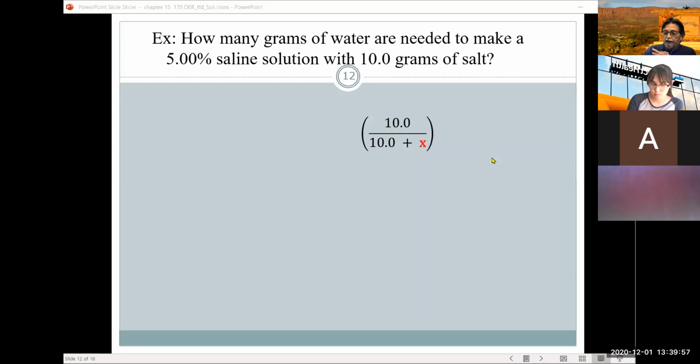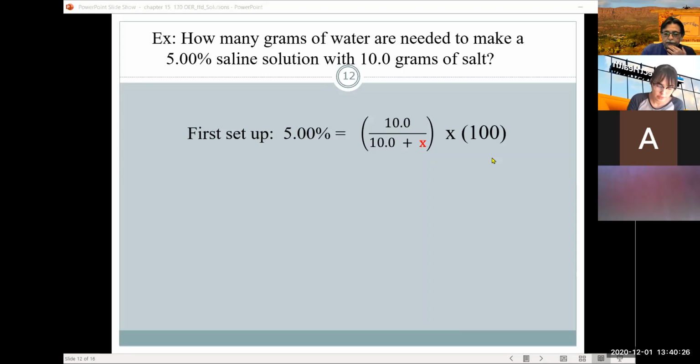So I define that as X. And then I set it equal to my 5%, times 100, because that's how I calculate the mass percent. So I'm trying to solve for X here. Now it looks like a very complicated algebraic equation. It really isn't. We're going to break it down here. There's a variety of ways to solve for X. This is just one way.